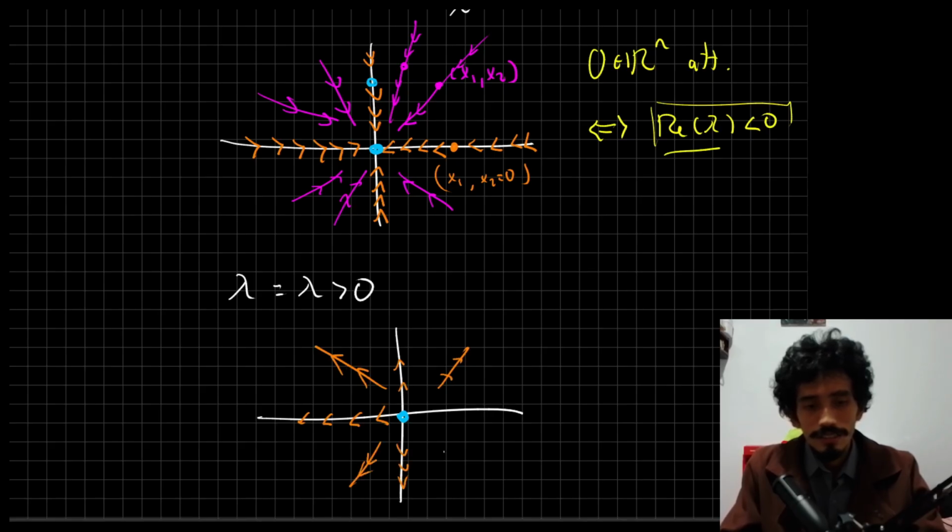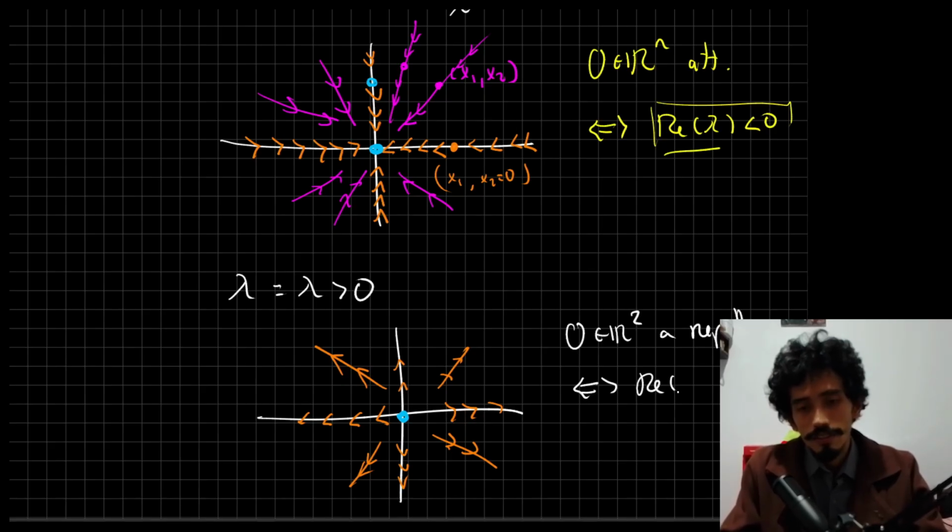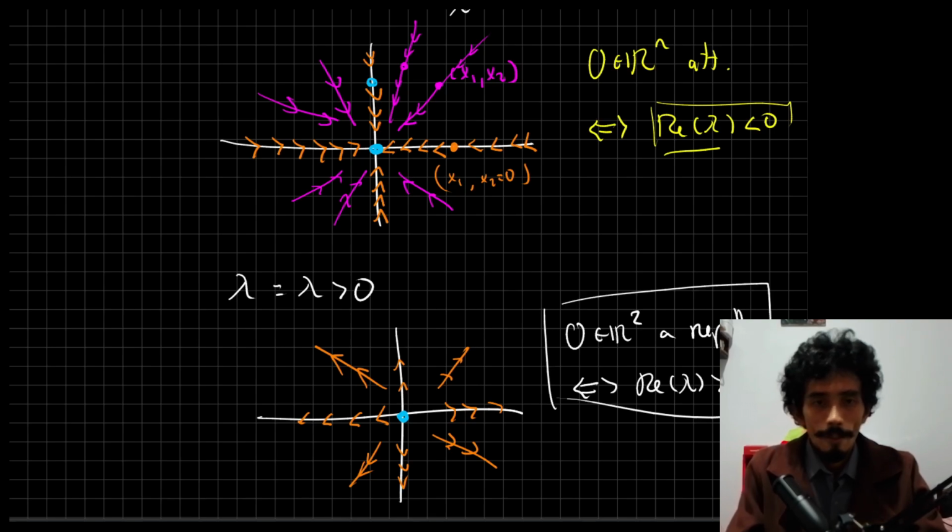It's just the same analysis that we have been doing since the previous video. So this is clear, and so the origin is a repeller because the real part of the eigenvalues is positive. So this is a characterization.